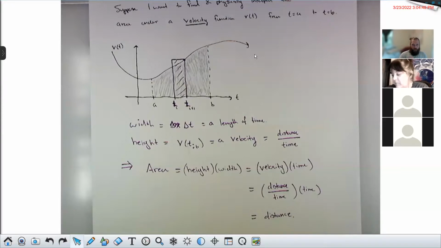So in general, when you calculate the area bounded by a velocity function, you're going to get a displacement, which is a change in position. And that's not always the same as distance. I'm going to tackle that in detail on Friday. But I'd like to play a little game here where we're going to try and approximate a distance traveled. Let's do it.